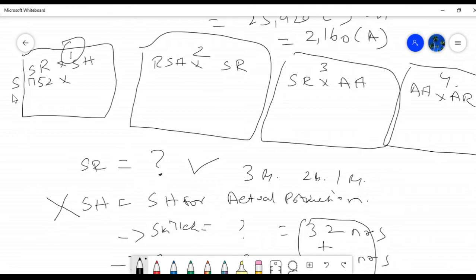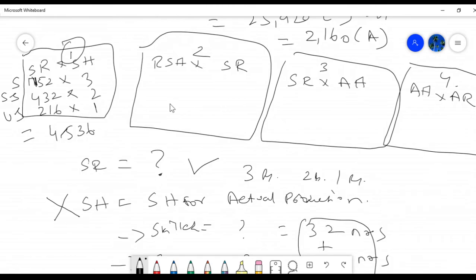Then unskilled, how much? 216. Multiply each by the standard rate, 3, 2, 1, and add them together, and you will get 4536. Then come to revised standard hours.